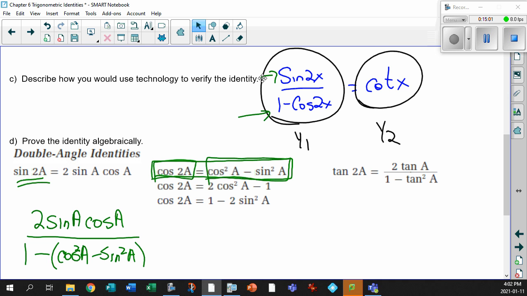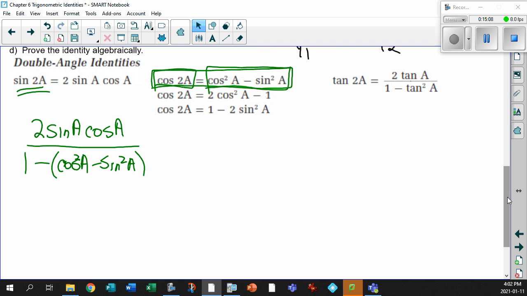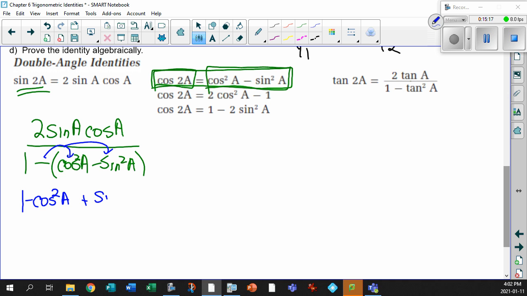I know you're saying, it's pretty ugly right now, sir. Don't worry about it. Watch. I'm going to show you how to do this. Real simple. Distribute. What do you get? You get 1 minus cos squared A plus sine squared A. Now, remember what we did about 6 or 7 podcasts ago?